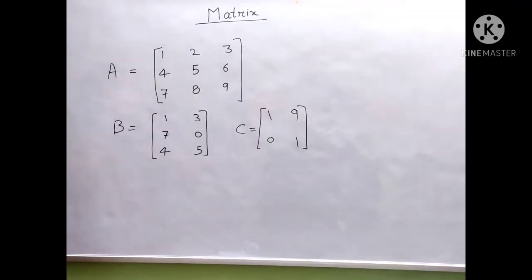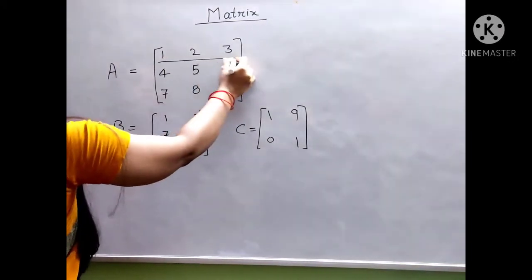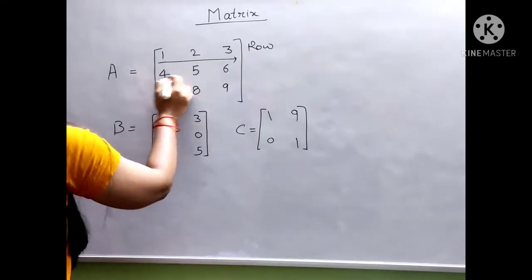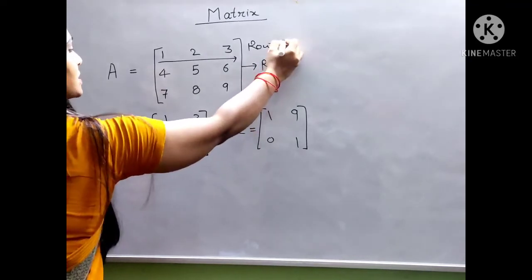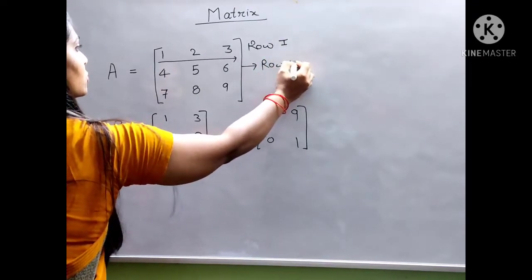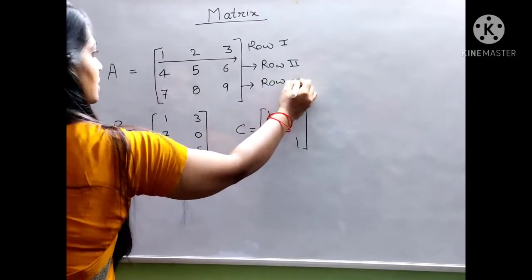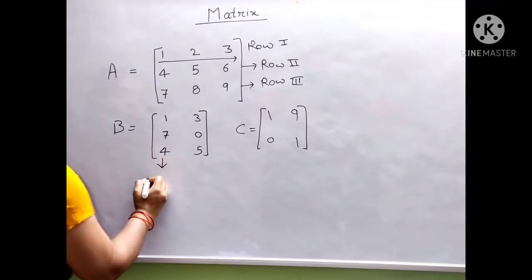In the above examples, the horizontal line of elements is called a row. We can say row 1, row 2 and row 3. So horizontal elements set together form a row, and vertical elements set together form columns.